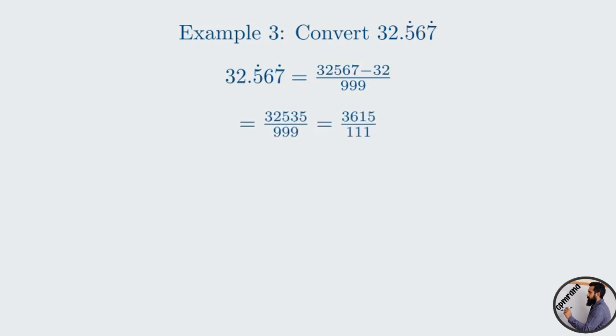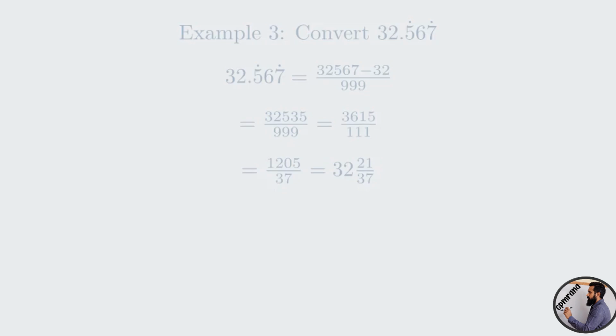Dividing by common factors, we get 3,615 over 111. Then 1,205 over 37, which equals 32 and 21 over 37. Now it's your turn. Try converting these 4 recurring decimals into common fractions to test what you've learned.